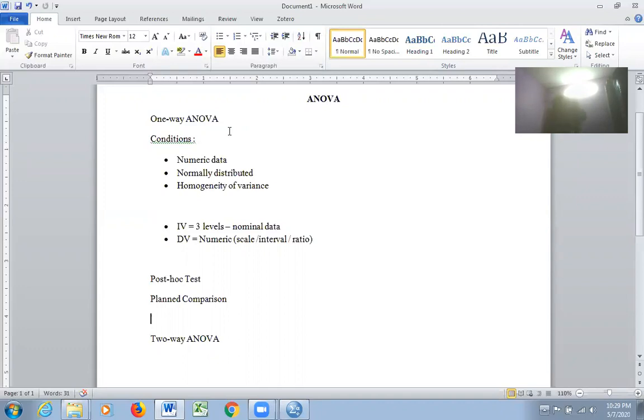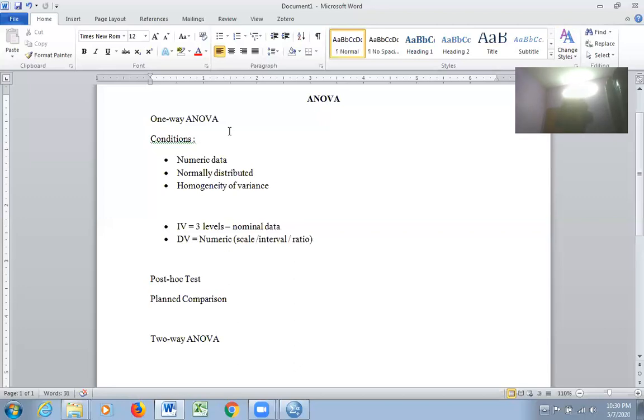But what ANOVA will not tell you is whether the difference is because of the difference between assistant professors and associate professors, or associate professors and professors, or professors and assistant professors. So now we have three pairs of comparisons. The difference between which two groups causes the main difference in the ANOVA test?